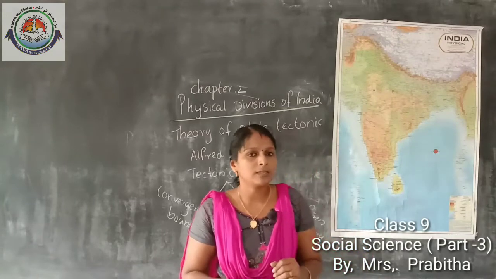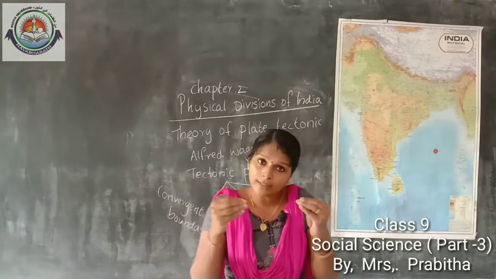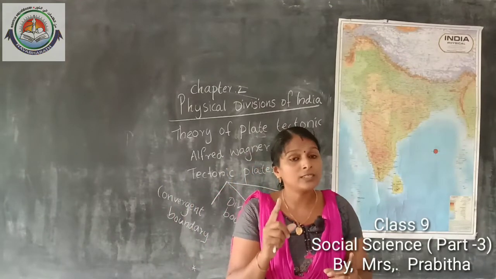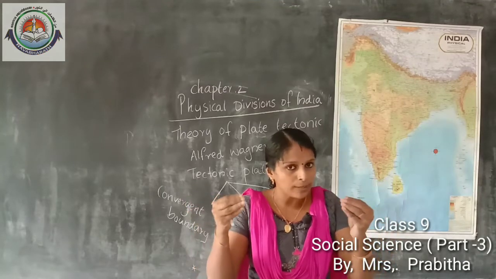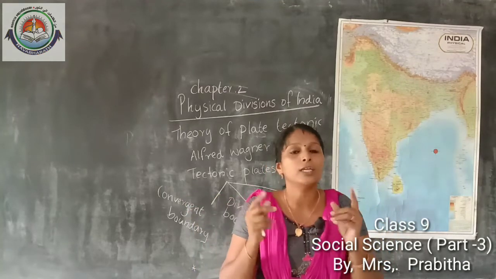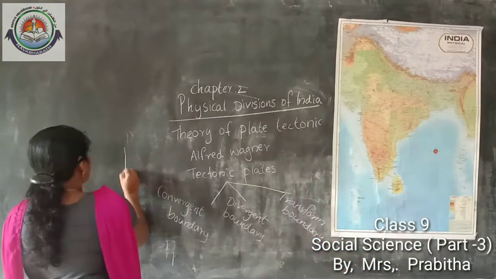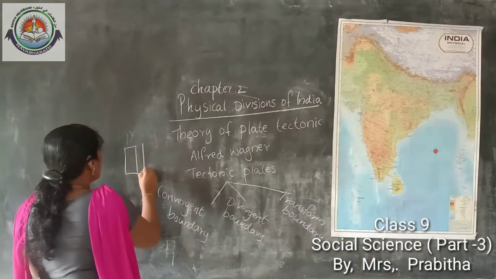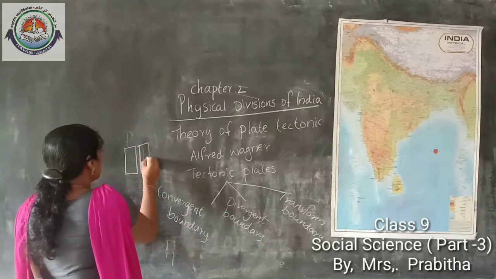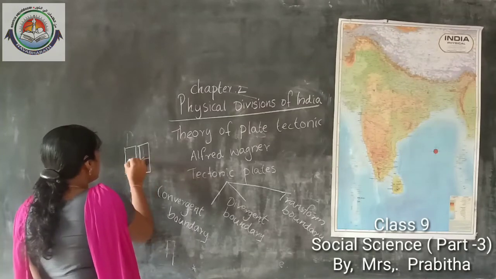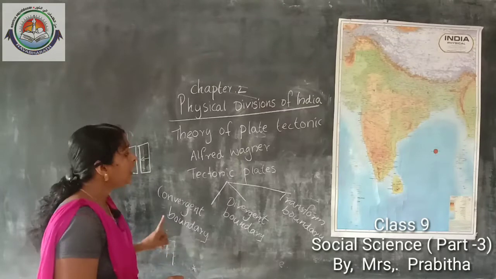So when two tectonic plates are coming together, it forms a convergent boundary or convergent margin.